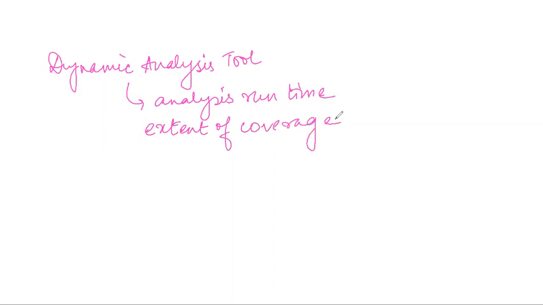Now, suppose a software has been tested with its full test suite and its behavior is recorded. This dynamic analysis tool carries out a post execution analysis, and it produces reports which describe the coverage that has been achieved by this test suite run on the program.